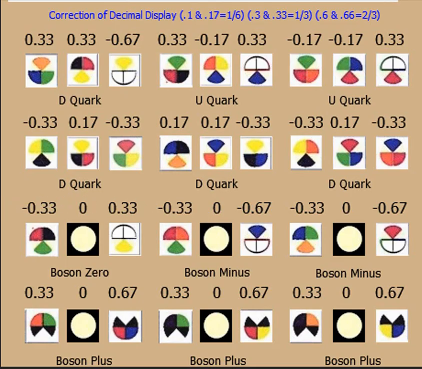Let's take a look again at the weak charges. And so we had a left-handed spin on this quark when it was U, and now we have a right-handed spin. Well, we'll see. Because we have the contribution for the weak charge now is 1/3 plus 1/3 minus 2/3, which is 0.